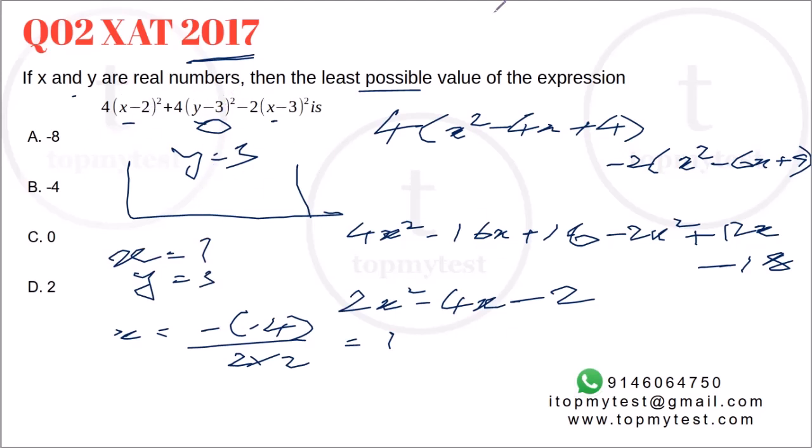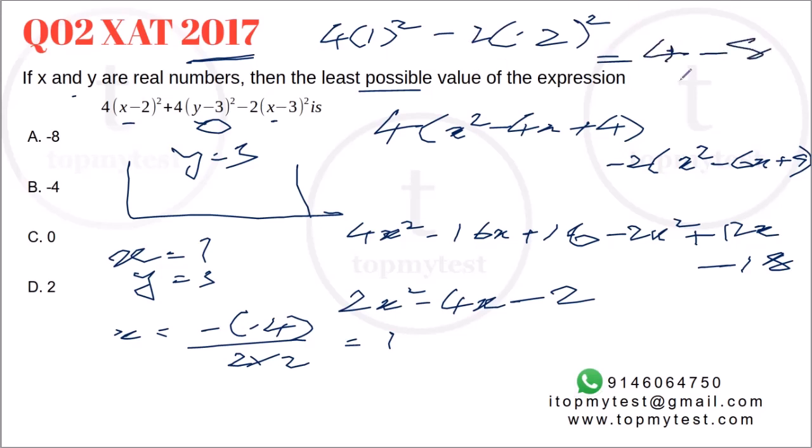If you put x is equal to 1, you'll get 4 into 1 square minus 2 into minus 2 square. So that will give you 4 minus 8, which is minus 4. Option B will be your correct choice. If you identify the pattern, it takes basically under 2 minutes to solve a ZAT question, which is priceless for the ZAT examination.